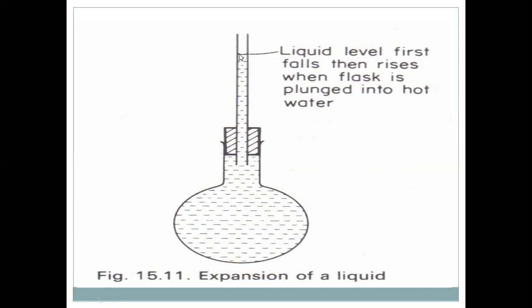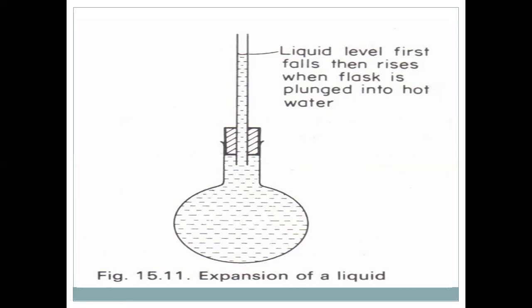The reduction in the level of the liquid inside the beaker here will be because of the expansion of the container. Because of the expansion of the glass of the flask, the level of the liquid decreases.